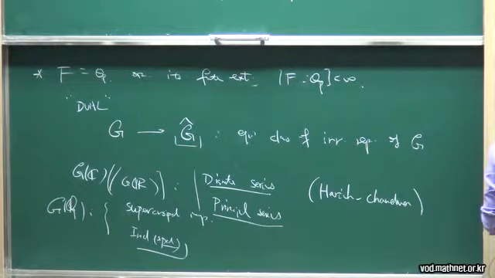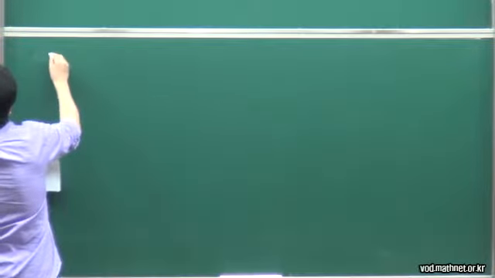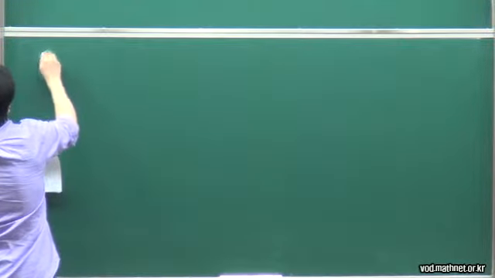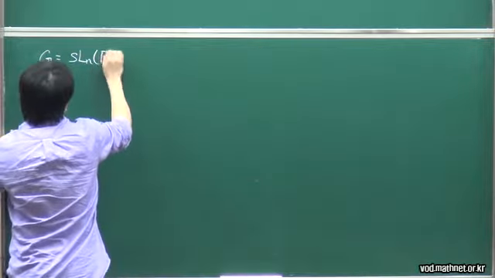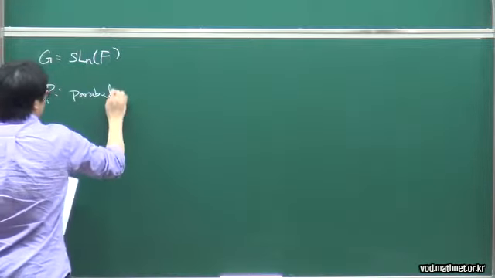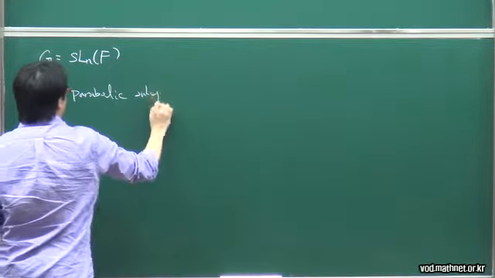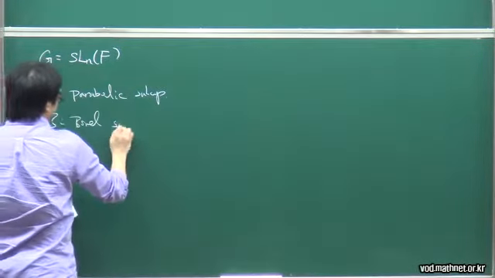Okay, so now I will talk about some structure for this. For any G here, now we choose G to be SL_n(F). We have the parabolic subgroup P, and B chosen to be the Borel subgroup.